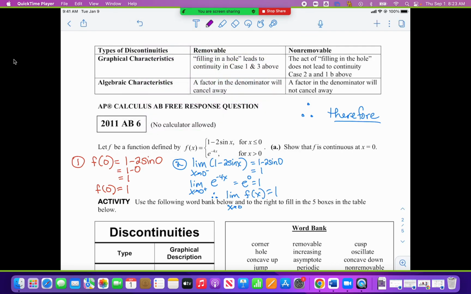Step 3, f of 0 equals the limit as x approaches 0 of f of x equals 1.